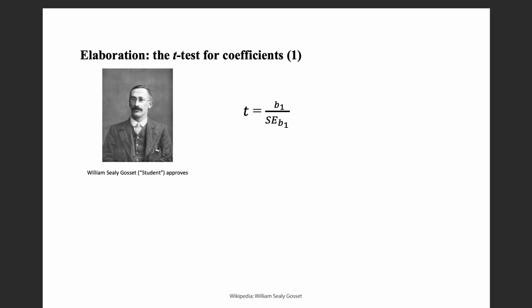So we need to somehow translate this into a scale that we can actually work with, where we know what exactly the distribution looks like. So what we're doing here is translating our ratio of coefficient to standard error into the t-distribution, and the t-distribution is a known distribution, so we can exactly mathematically describe the curve of that distribution.